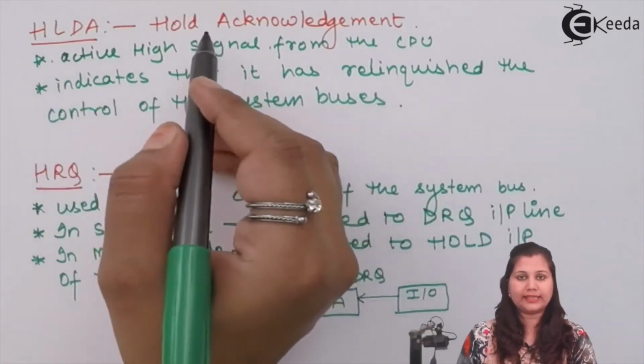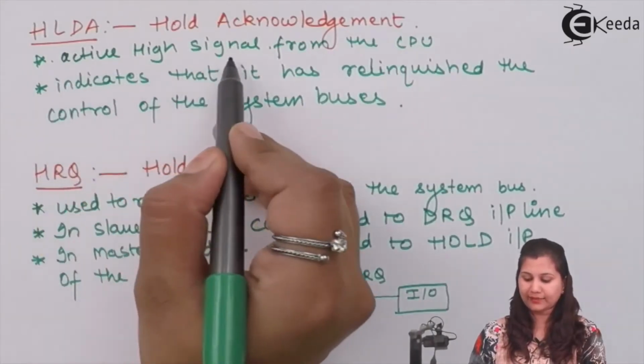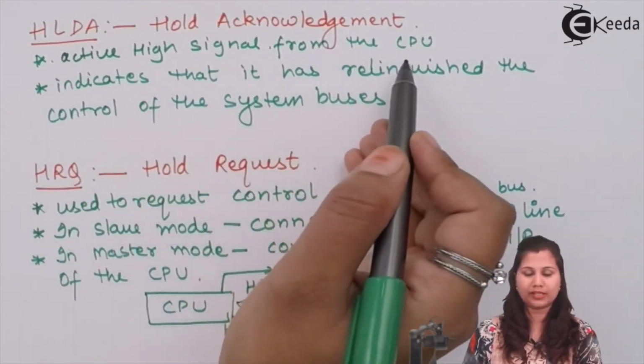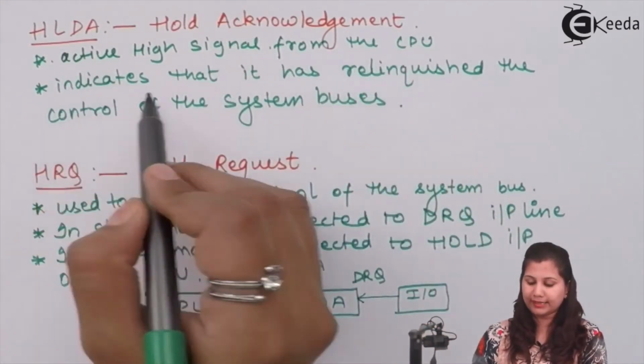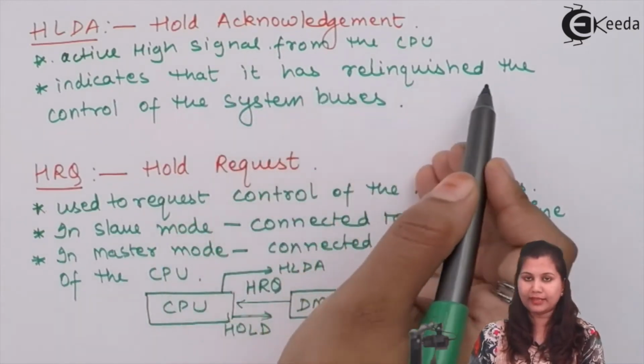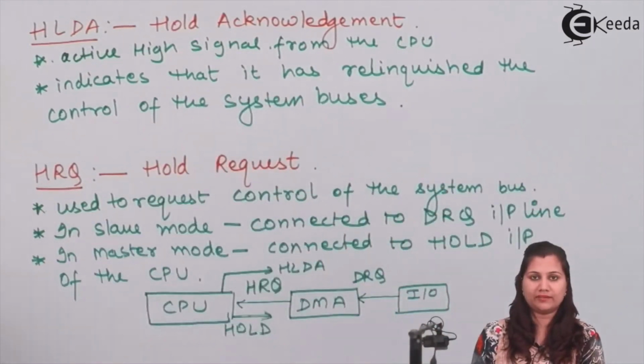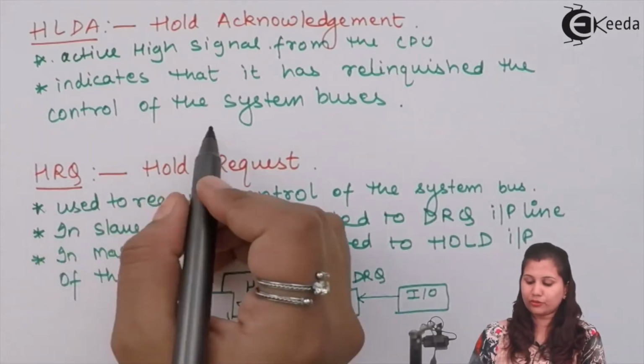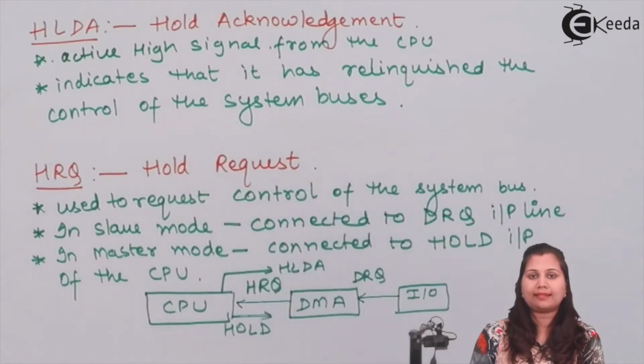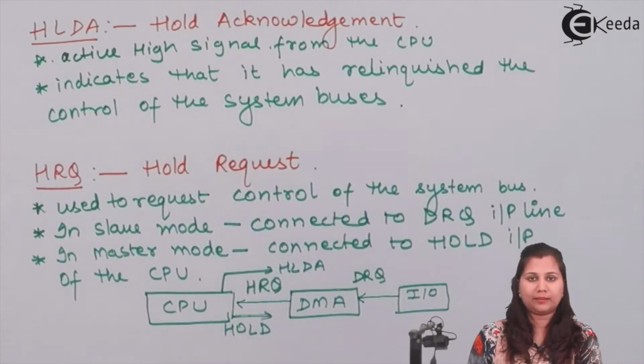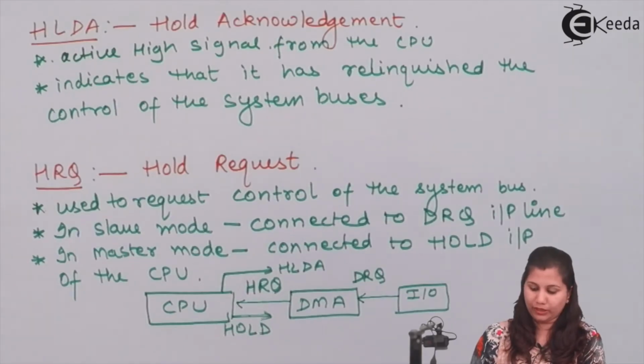HLDA is an active high signal from the central processing unit, and it indicates that the CPU has relinquished, meaning released, the control of the system buses, which include the data bus, address bus, and control bus. So when the DMA sends the request, the CPU gives the acknowledgement signal.